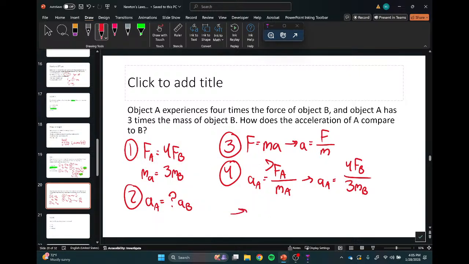Then you pull those out. So the acceleration of A is 4/3 the force of B over the mass of B. Remember, force over mass is acceleration. So, long story short, the acceleration of A is 4/3 the acceleration of B.